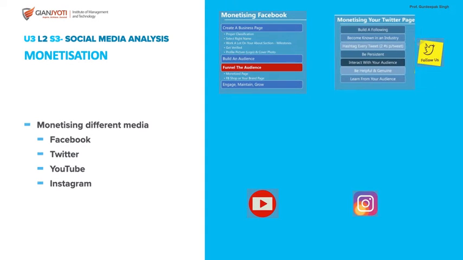If you talk of Twitter, you need to build the following, that is the traffic that you want, and become known in a particular domain or industry. You must hashtag every tweet, that is 2 hashtags per tweet. Be persistent, interact with the audience, involve them, be helpful and genuine, and learn from your audience.